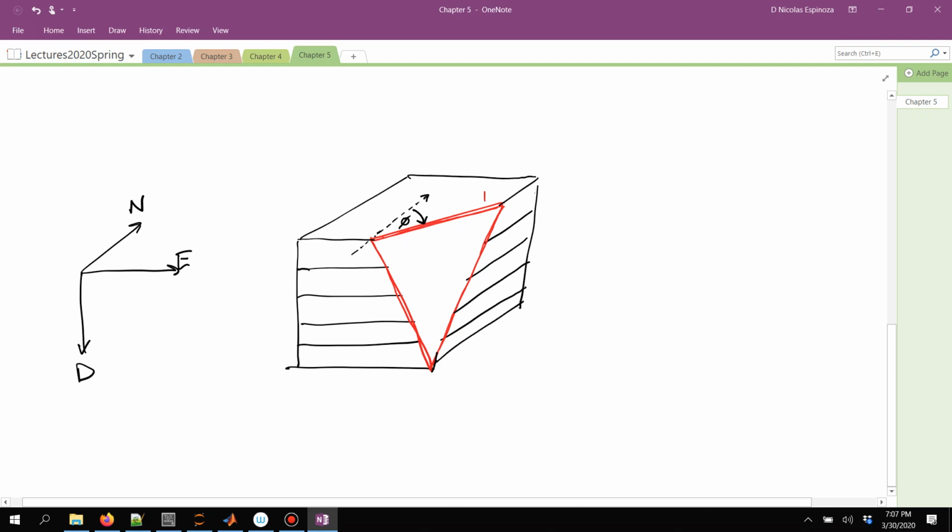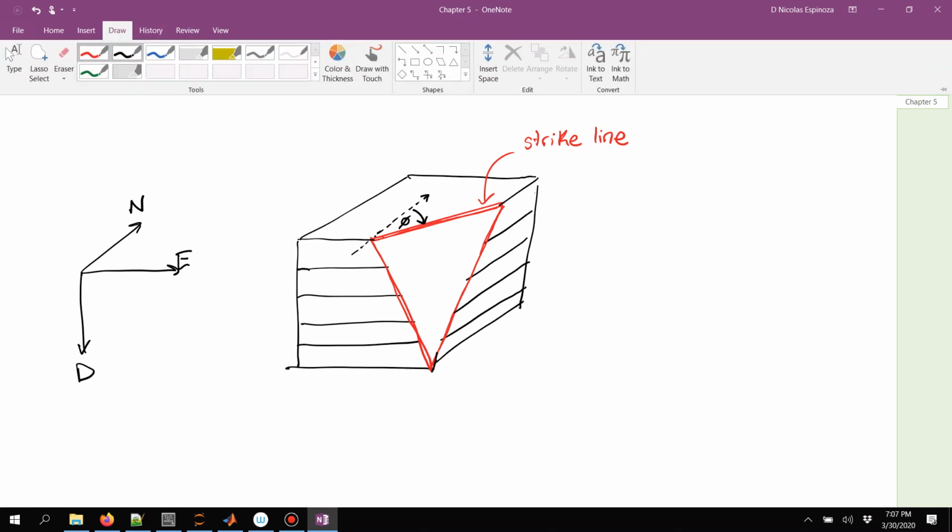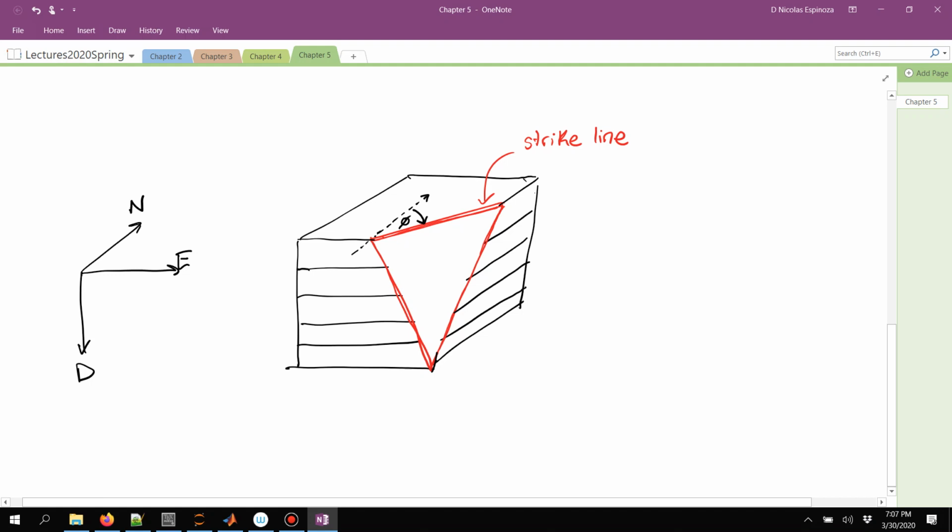The line of the strike is going to be the intersection between a horizontal plane and the plane of the fault. In this particular example, I'm assuming that this plane over here is a horizontal plane.